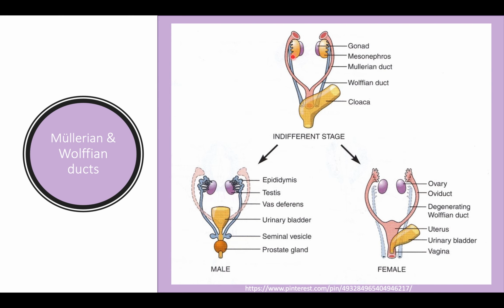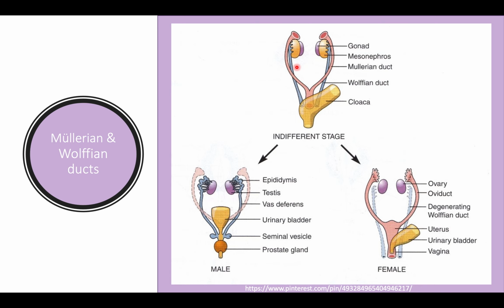Around 6 weeks in utero, if the fetus has a Y chromosome, it will express the SRY gene, again as we have talked about, which will signal the release of testosterone and masculinize the Wolffian duct, and the gonad will become a testis.